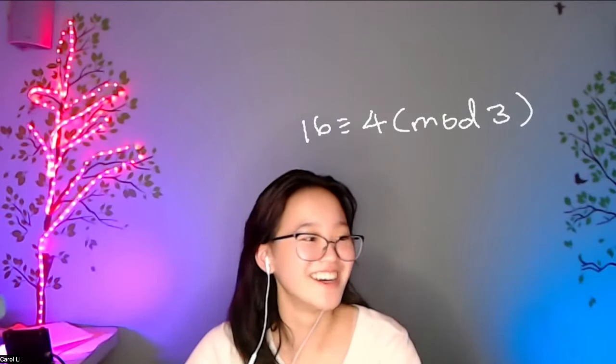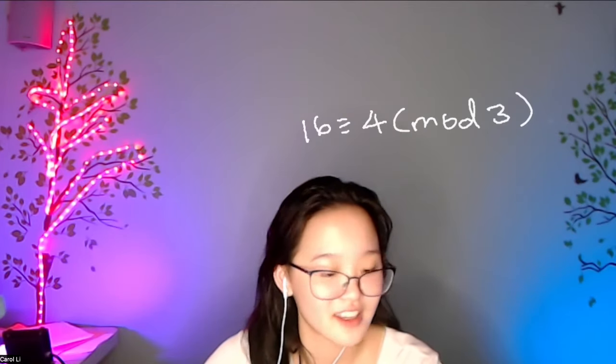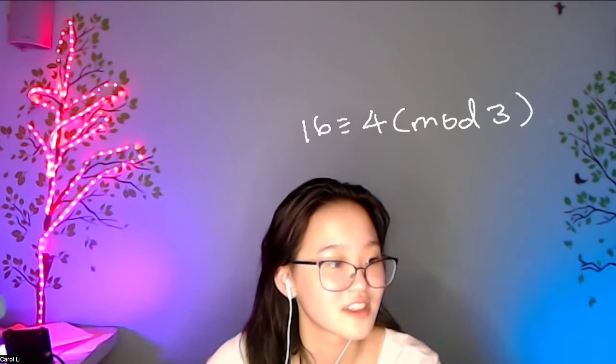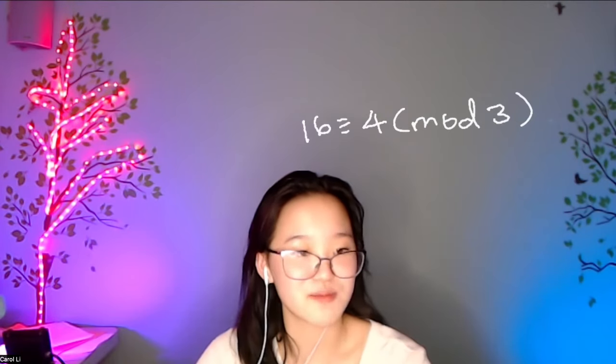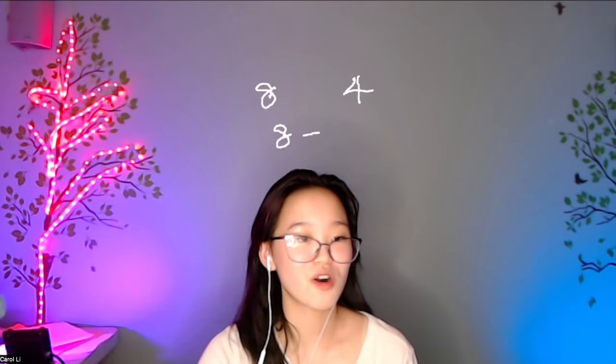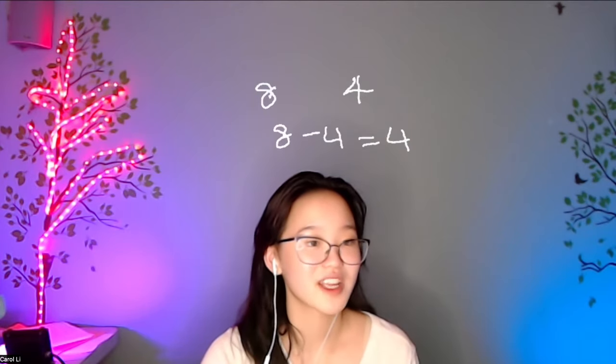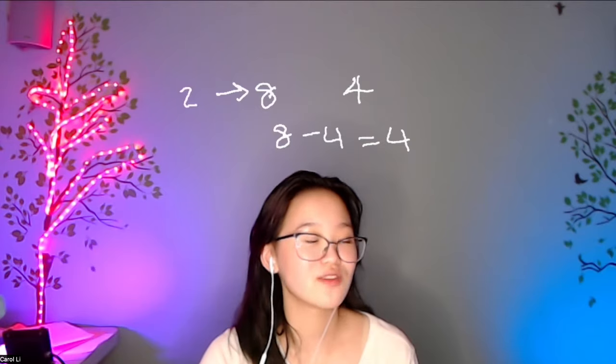What the Euclidean algorithm is saying is, let's say there are two numbers, like 8 and 4. If 8 is divisible by a number and 4 is divisible by that number, then 8 minus 4, which equals 4, will also be divisible by whatever number they are both divisible by.